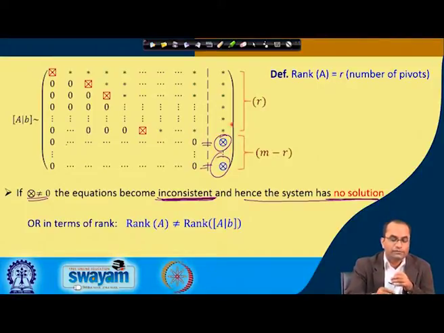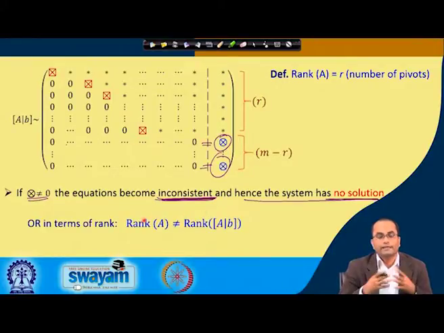the rank of the whole matrix, that means the number of pivots in the whole matrix, will be more than the rank of A, and in that case we have inconsistency.